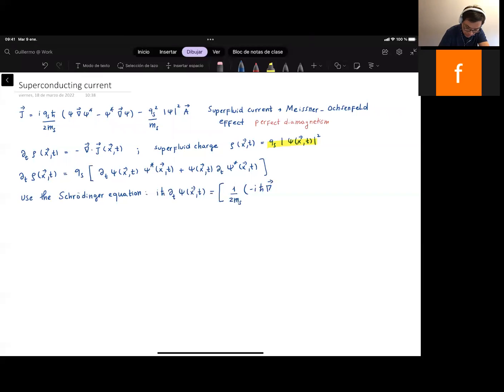The momentum, then we have the product of the Cooper pair charge times the vector potential, this to the square, plus QS and the scalar potential times psi of x comma t.